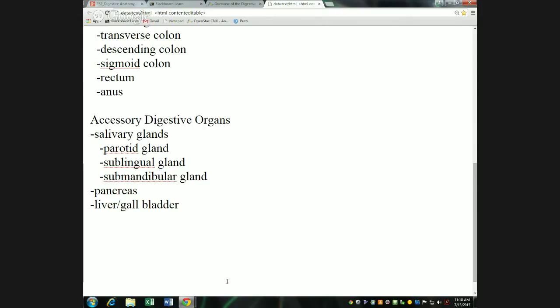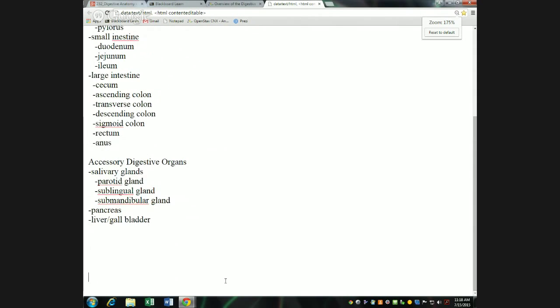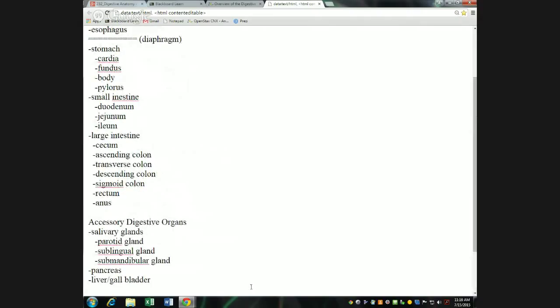There could be a case to be made that other things could be included with the accessory digestive organs if you expand the definition of accessory organ. But these are all things that secrete digestive juices into the digestive tract. Other organs might help digestion in other ways, so we could include them there, but these are the main ones that you hear. So those are the digestive organs.